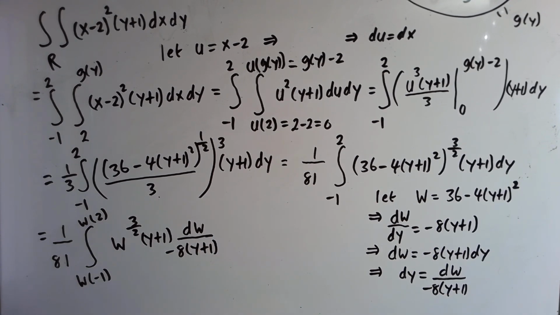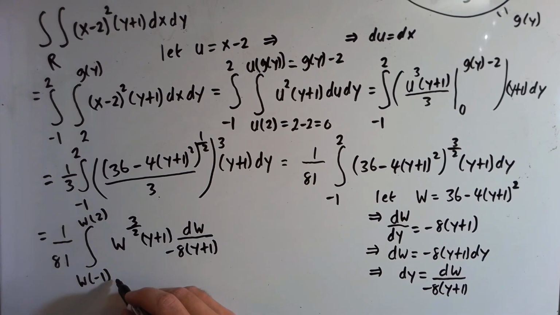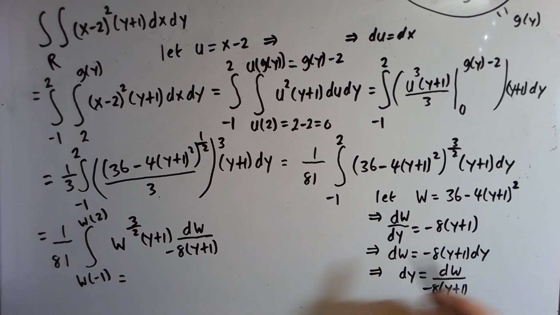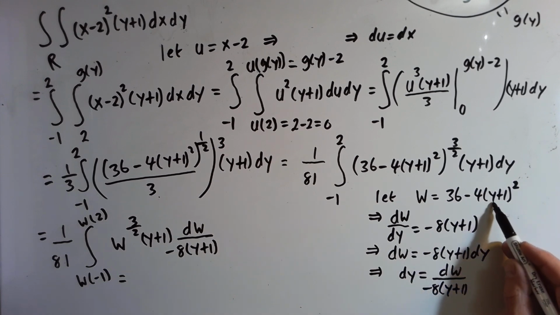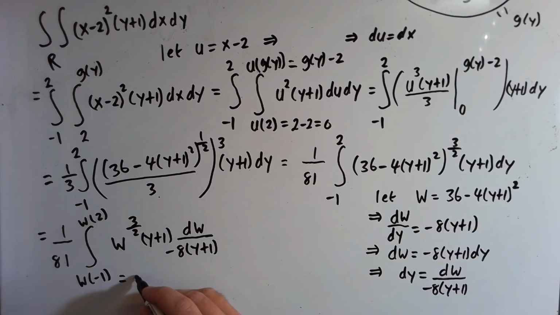Okay, so w of minus 1, well, w is here, so we do this one here. So putting minus 1 in there, you can check, the y plus 1 would go away because it'd be minus 1 plus 1. So it'd just be 36 for this guy.